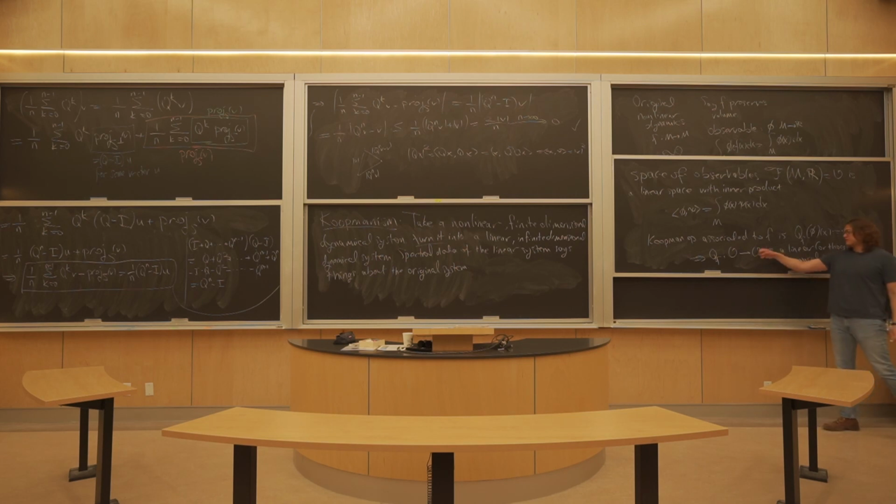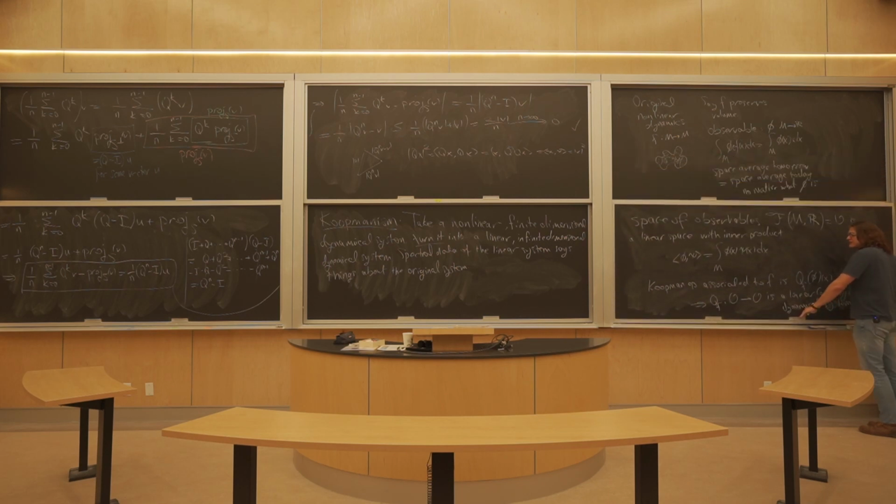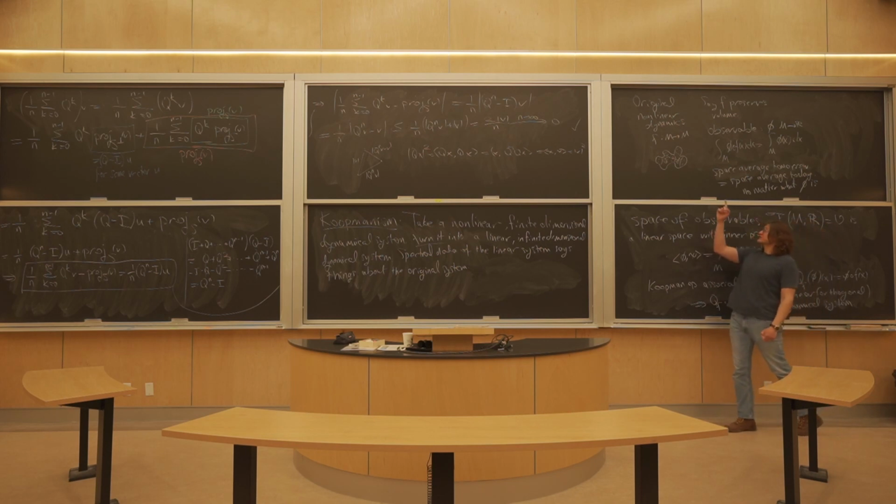And of course, this space of functions is supposed to be infinite dimensional. It is infinite dimensional. But having something linear is so useful that you'd rather have something linear as opposed to something nonlinear, even though the cost is having infinite dimensions. There's a bunch of theory as to how to deal with this, of course.